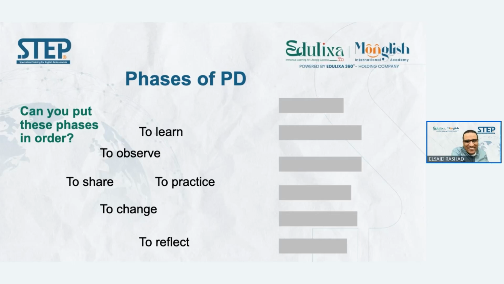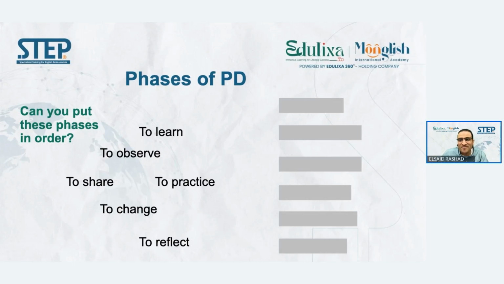No, it's not to observe. By the way, these phases overlap. They can be used interchangeably. They're flexible. You can skip any of them. You can play with them. They are not stiff and rigid. So don't worry. You could have a different view. You can say to observe first and then to learn. It's okay. We're not gonna fight over this.